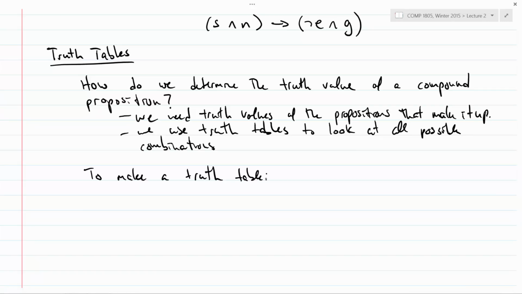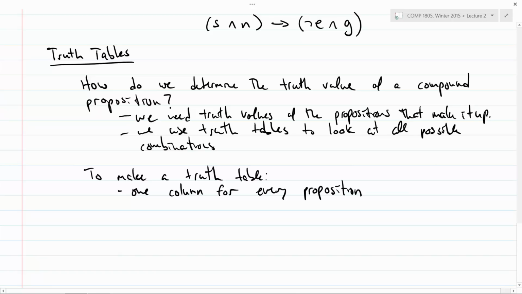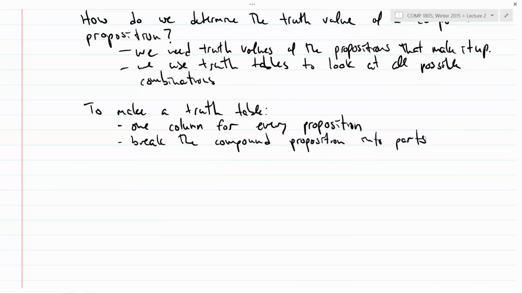So if you think back to the truth tables we saw, for the truth table for P and Q, we had a column for P and a column for Q. And once you do that, you then take the compound proposition and you break it into parts. All right. So that's how you come up with the columns.